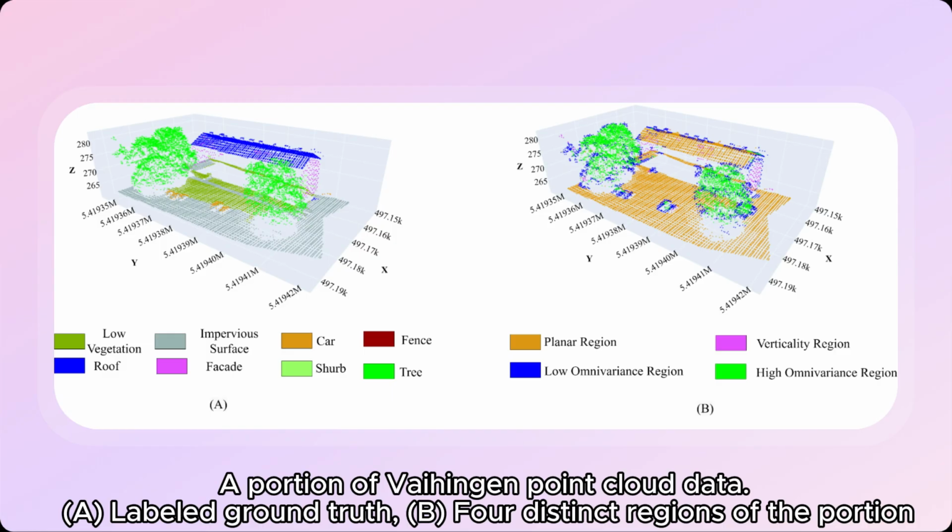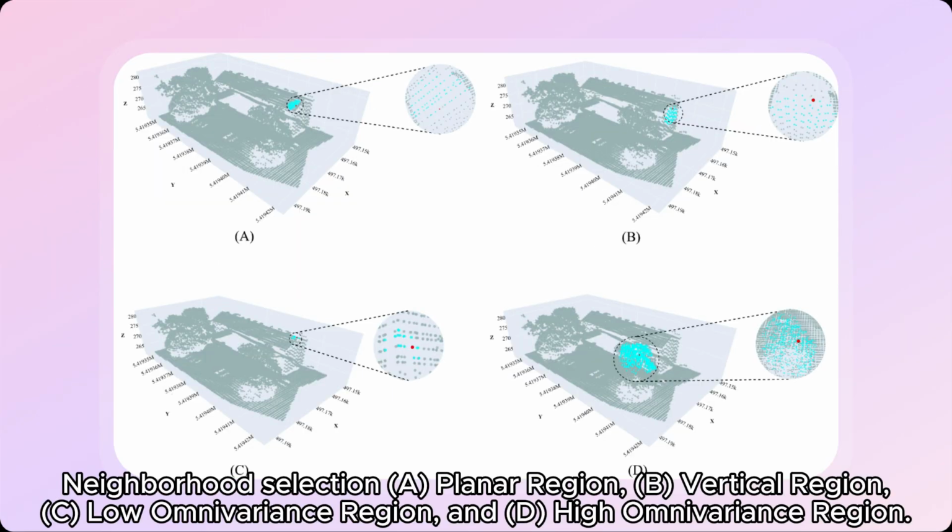That's smart. And then they apply the neighborhood selection, tailored to each zone. Exactly. That's the adaptive part. It's like using the right tool for the right job. For the smooth, planar, and vertical regions, they use an entropy-based method. It basically looks for the neighborhood arrangement with the least disorder, trying to keep things clean and consistent. For the low omnivariance regions, those sharp edges and corners, they use a normal direction-based method.